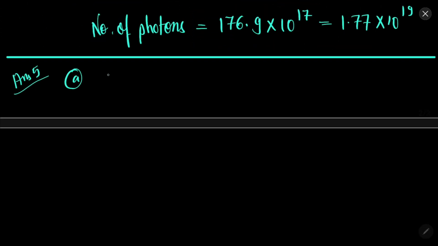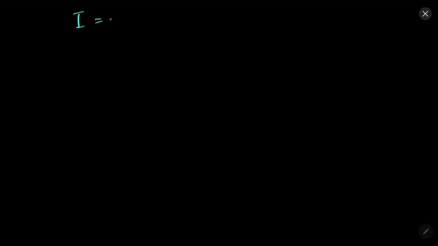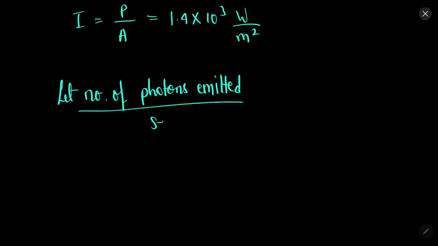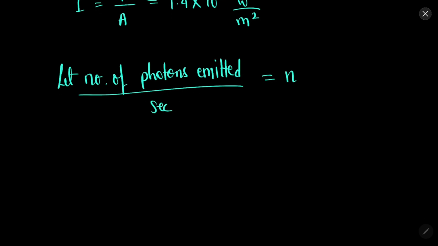So first part, intensity is 1.4 × 10^3 watt per meter square. Now we know that intensity is power over area. Let the number of photons emitted per second be n.